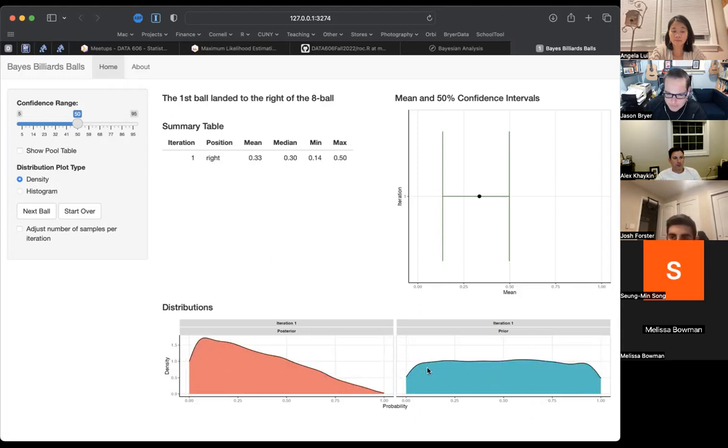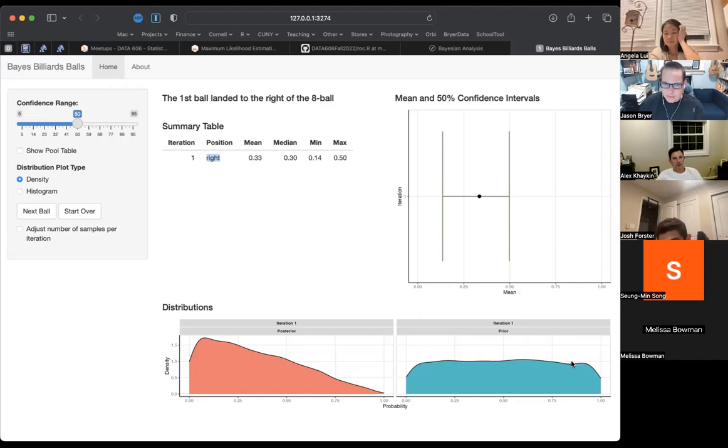Again, I think I mentioned you've got to be careful with density distributions when you have hard floors or ceilings, because it tails off. And so in the first iteration, I said the first ball landed to the right of the 8 ball.